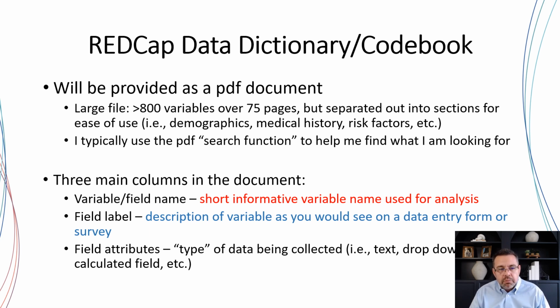And then the last column you'll see is what's known as a field attribute in REDCap. This is the type of data that's being collected, right? So it'll tell you in the code book if the variable you're collecting is a text field, if it's a drop down, if it's a yes or no column, if it's some type of calculated field. All that information as well as the possible options in some cases are given.